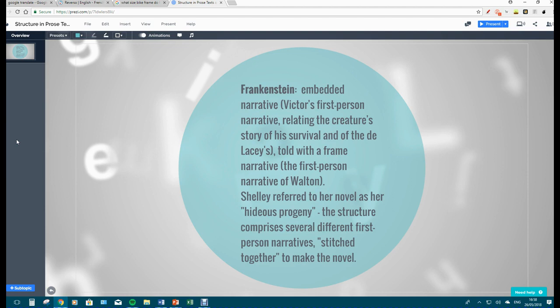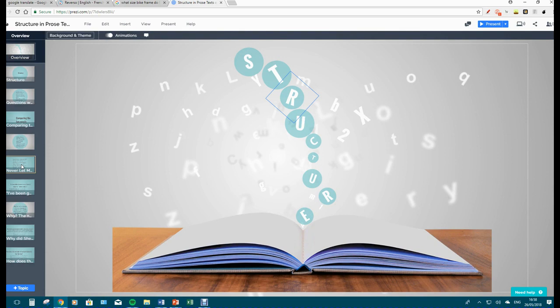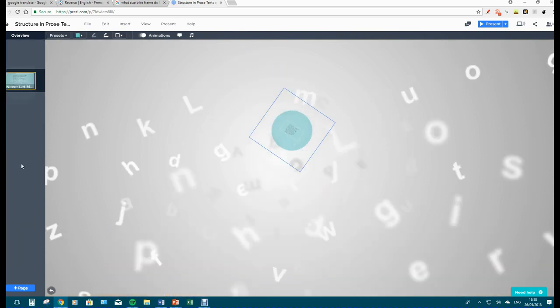That is important in terms of the truth: you have to work hard, is what I'm going to argue, to piece together the truth and where the truth lies in both of these novels.